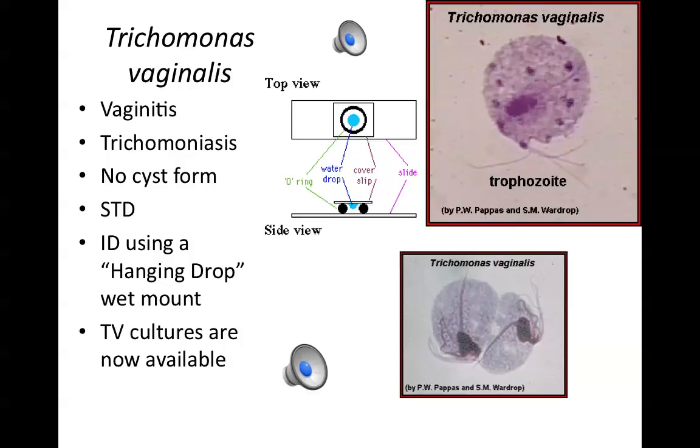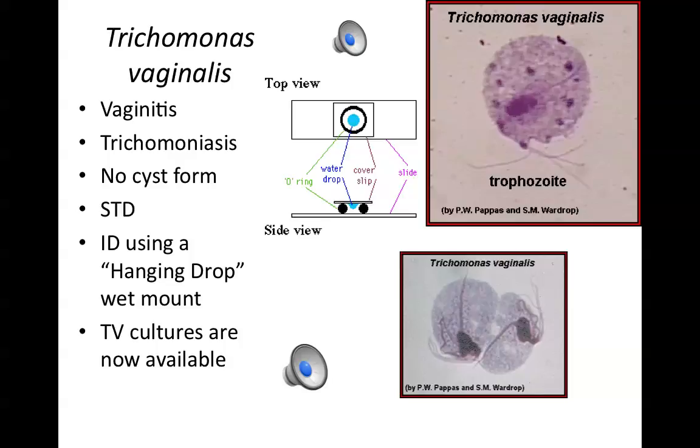There is no cyst form, and in fact the infective stage of Trichomonas vaginalis is the soft-sided trophozoite form. A trophozoite is simply a single-celled organism that has no shell or hard outer covering and just has the cytoplasmic membrane as its outer surface.